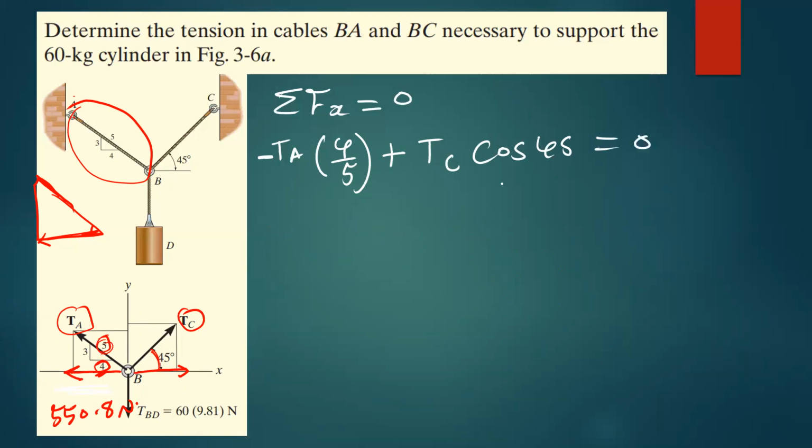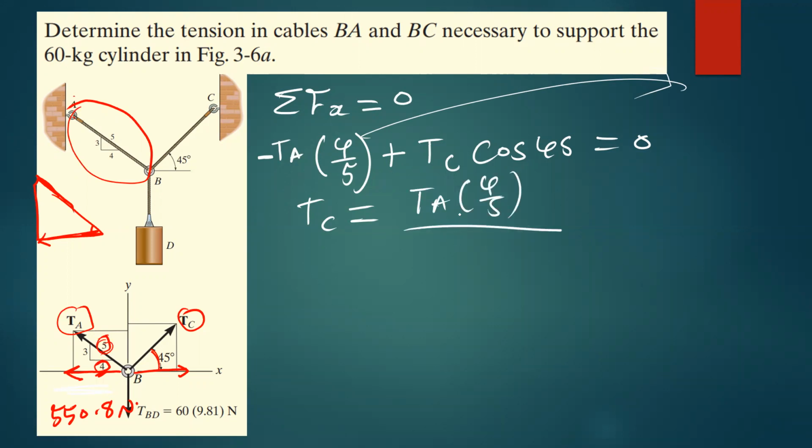So from there, we can simply say this can cross the equal sign and go that side, so that you have TC being equal to TA, open brackets 4/5, then everything over what?